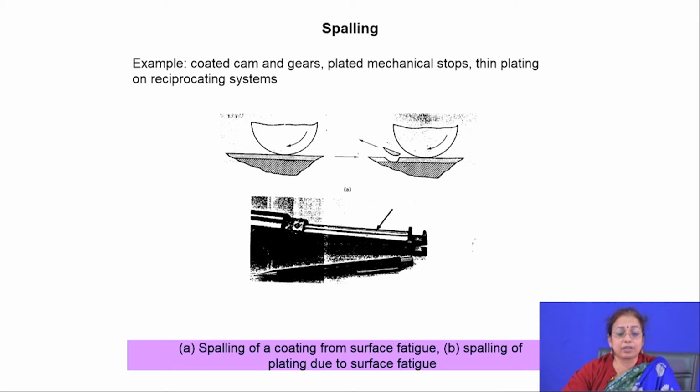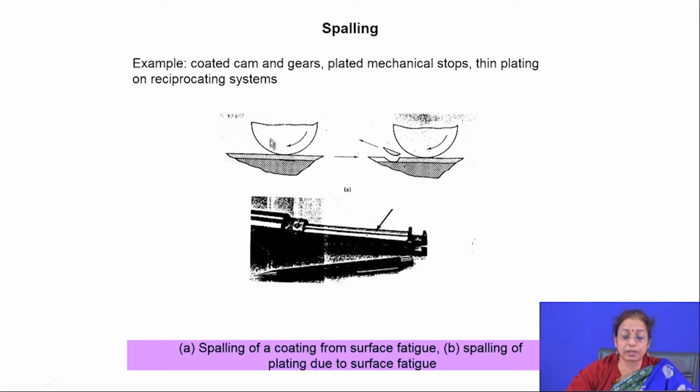Spalling wear is a kind of wear where there is continuous spallation of material from the surface. This is the typical kind of wear observed on coated systems having a very weak interface. Examples include electroless plating, electroplating, physical vapor deposition and chemical vapor deposition.